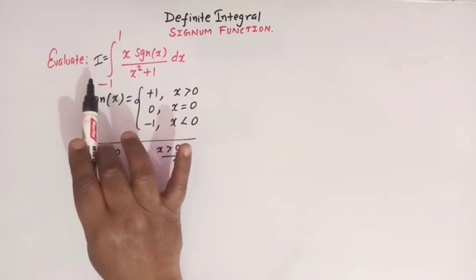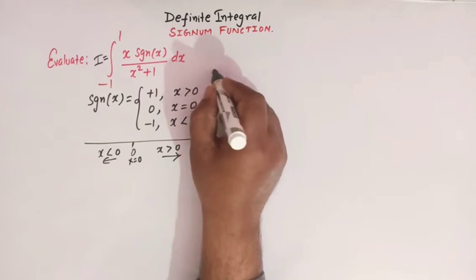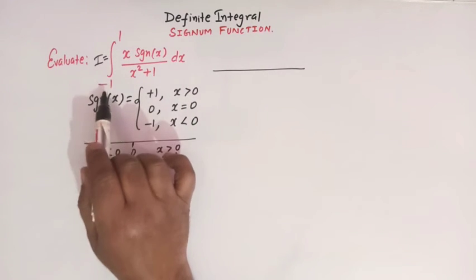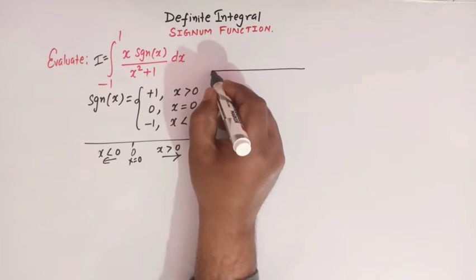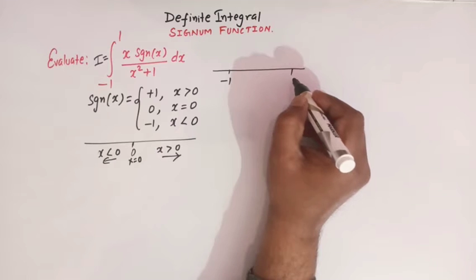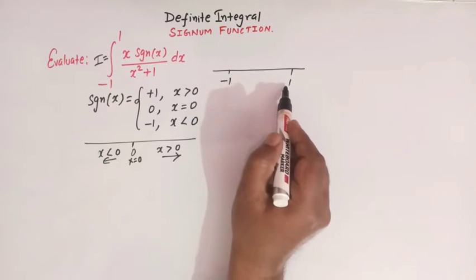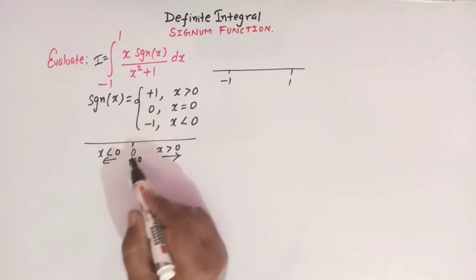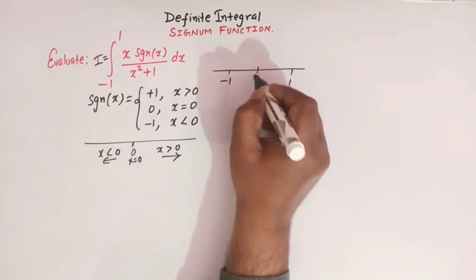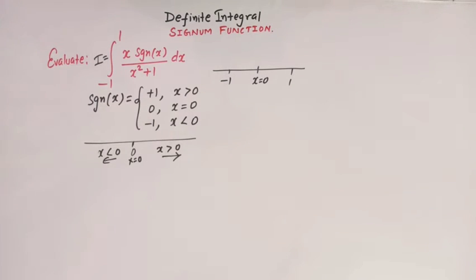Now let us come to our integral, right? And here we see that the limits of integration are from minus 1 to 1, and between minus 1 and 1, the point x equal to 0 lies.